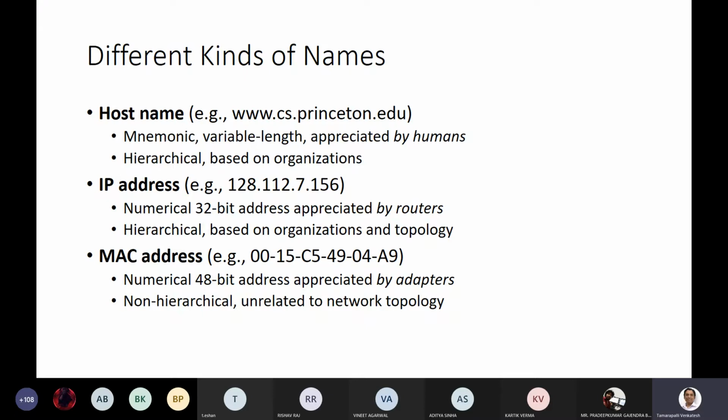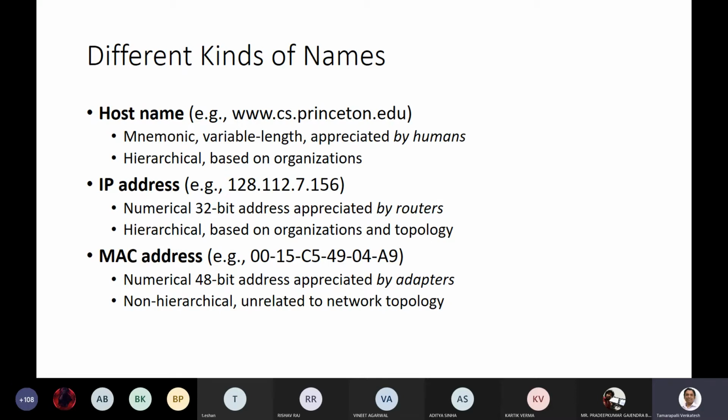MAC addresses, on the other hand, are also 48-bit addresses, but they are more flat. There is no hierarchy in them, except for the fact that the first 24 bits are used to indicate the organization which manufactured these NIC cards, and the remaining 24 bits are used for the host part. But there is no need to maintain any hierarchy in the assignment of these MAC addresses, because we do not use them for any forwarding operation which requires scalability.